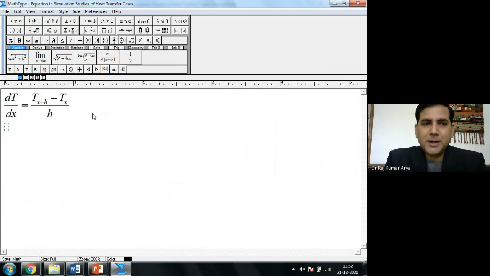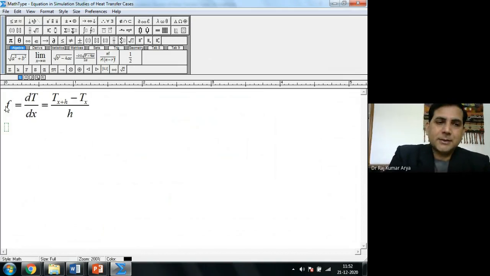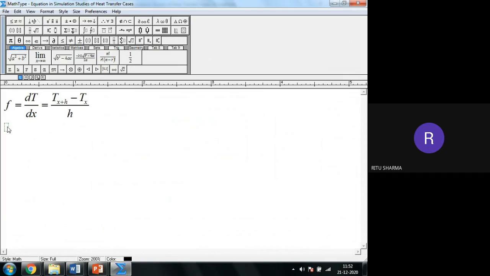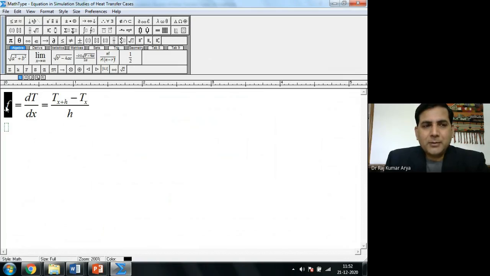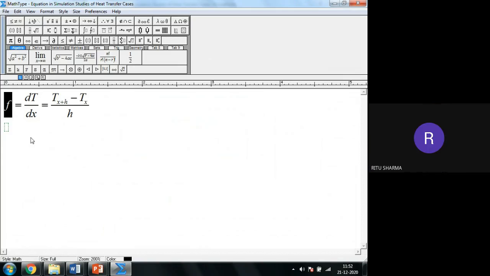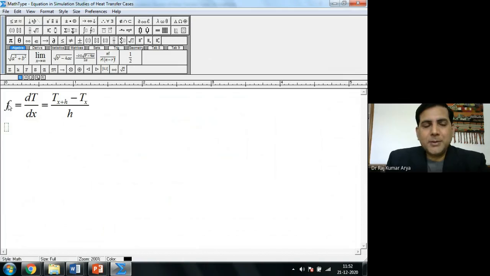Suppose this could be any function, right? Now we want to calculate the derivative of this again. So let's say we want to calculate a derivative of this f again. What will you do?